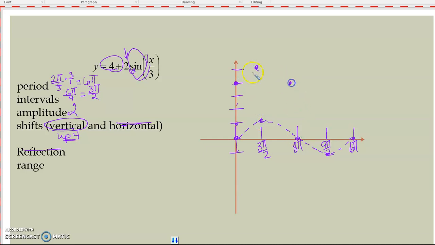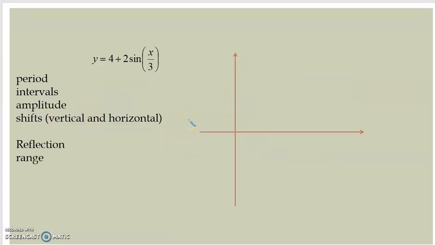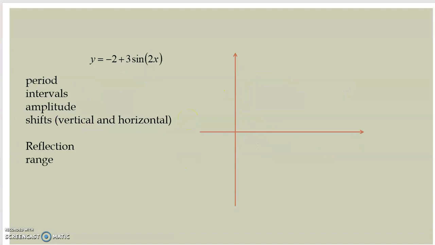Every single mark, I might have those too close together, is going to go up 4. Let's see, this one would be here, and then we go back. All right, there's my wave. New period of 6 pi, which made our intervals different, and then we shifted it up. Okay? All right, let's see what else we got.